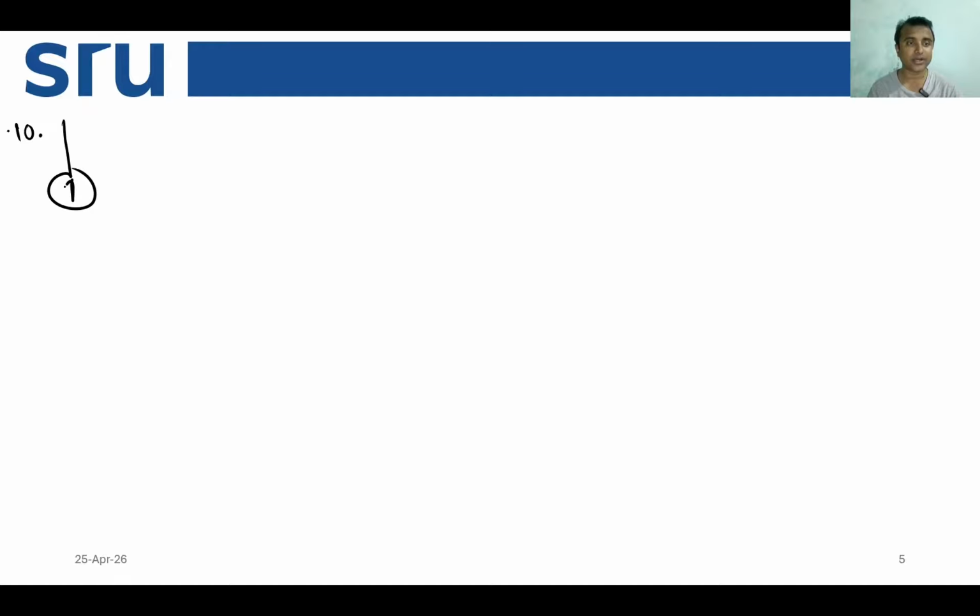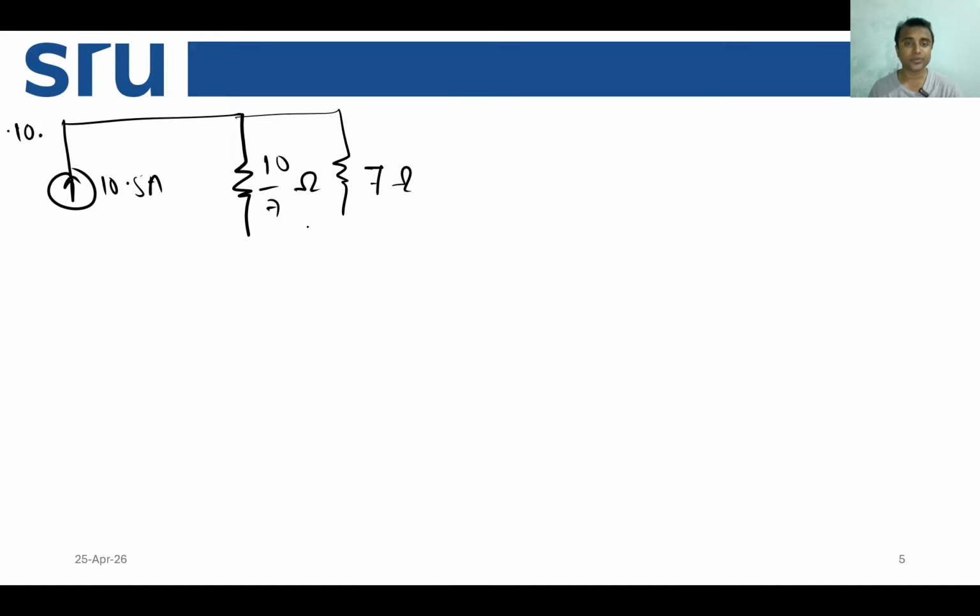So this is your current source having 10.5 ampere of current, then the parallel resistance of 10 over 7 ohm, and this is also 7 ohm. They are connected by a wire. This is I0. Now this we still cannot do. You can have a current distribution law, but we cannot apply it.